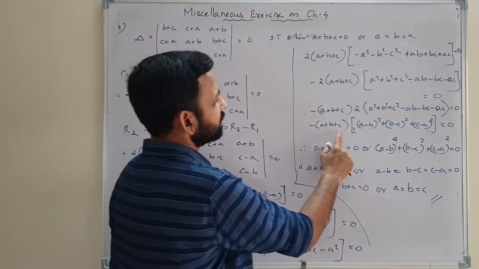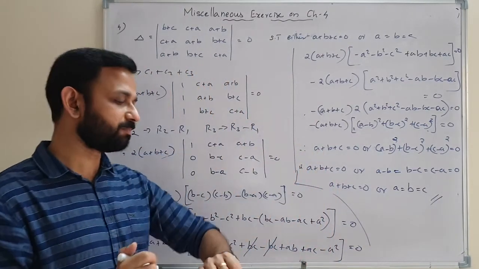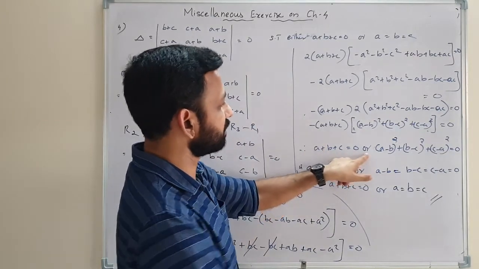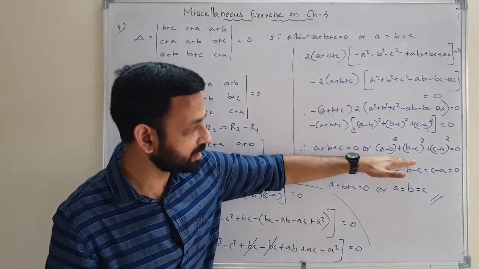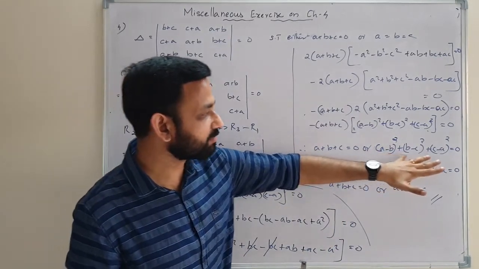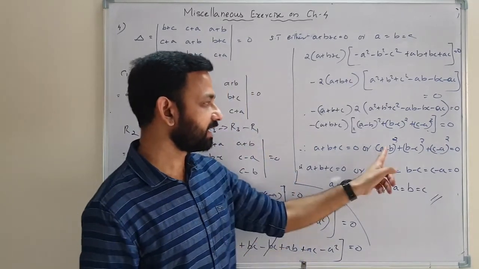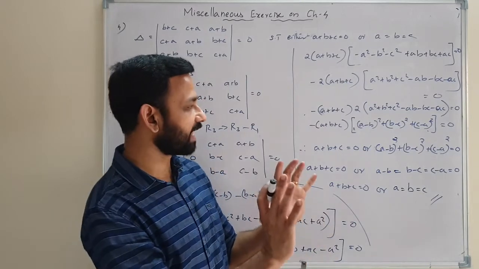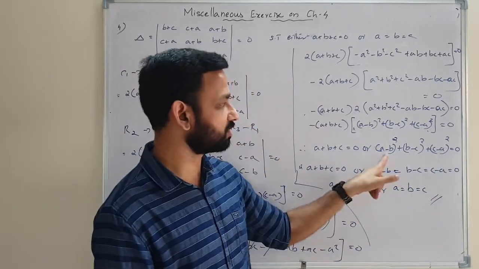Now their product equal to 0, that means at least one of them should be 0, otherwise the product cannot be 0. So here a plus b plus c equal to 0, or this expression equal to 0. And listen here once again, the sum of the squares of those three terms equal to 0. Each of those three terms is the square of something. The square of an expression is always positive or 0. It can be 0 also.